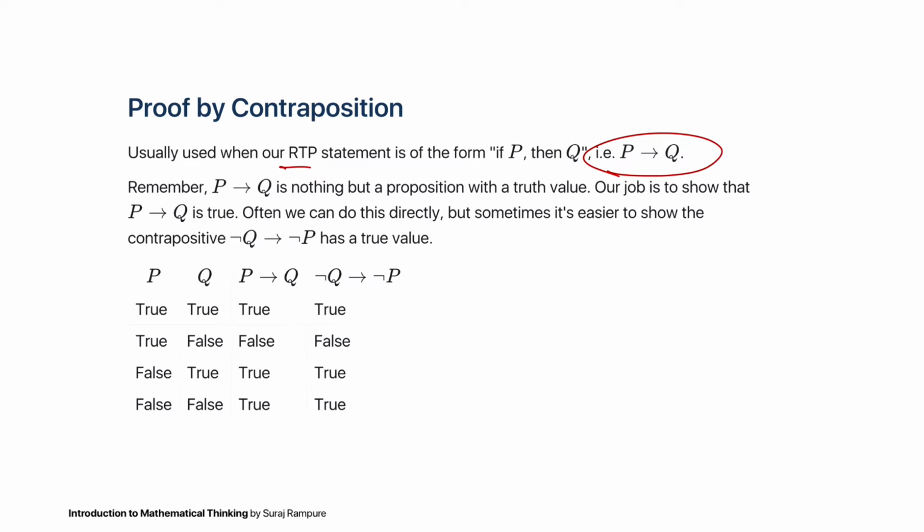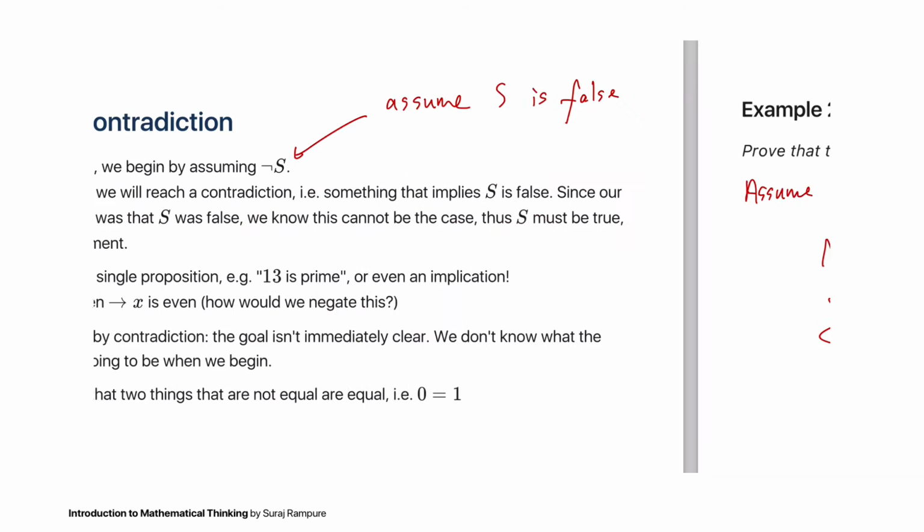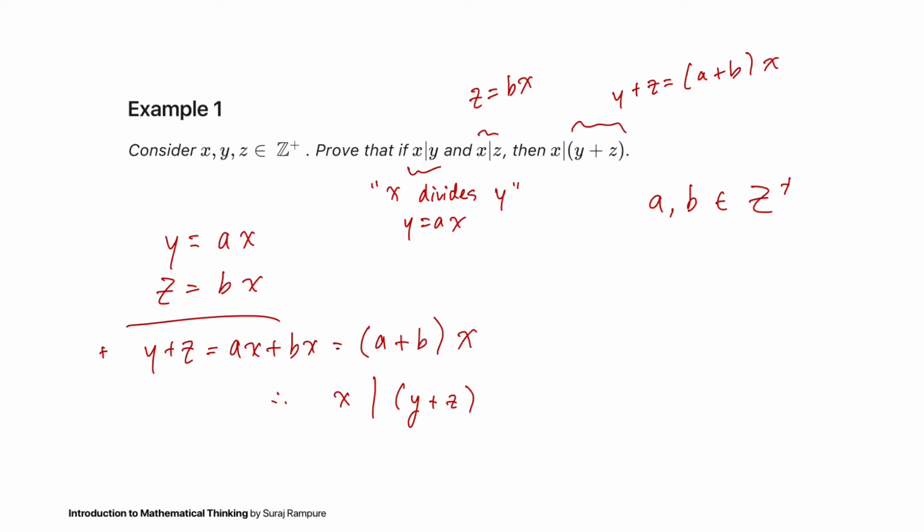And when our statement does look like an implication, just like the first example did, prove that if x divides y and x divides z, then x divides y plus z, what we want to do is show that the truth value of this implication is true. Does everyone remember that implications are nothing but a combination of conjunctions and disjunctions?